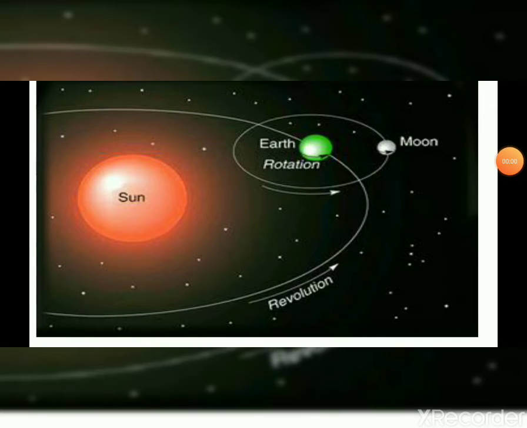Thus, I hope you understood the motions of the earth, as there are two motions, that is rotation and revolution. So here is one song showing the movements of the earth. I hope you will enjoy and like it. Thank you and have a nice day.